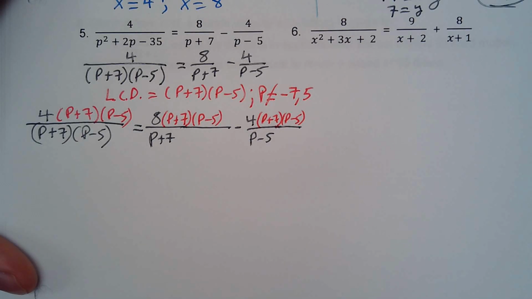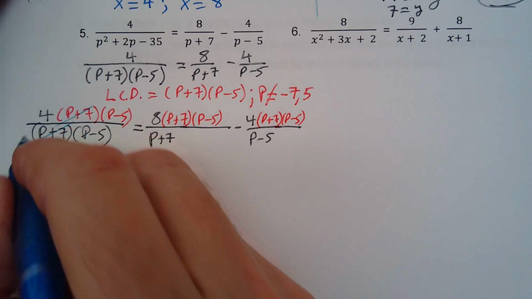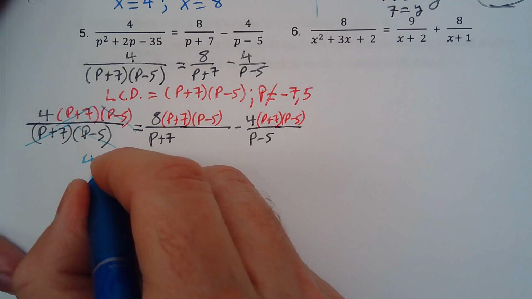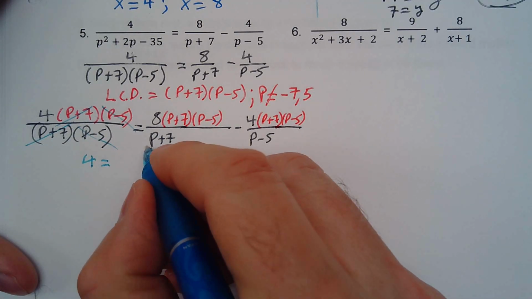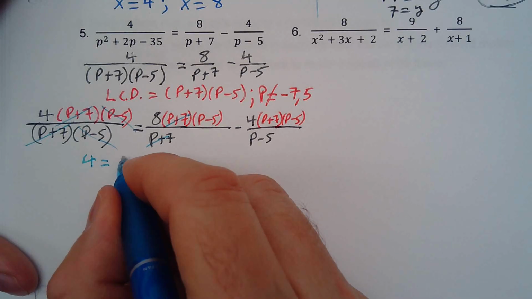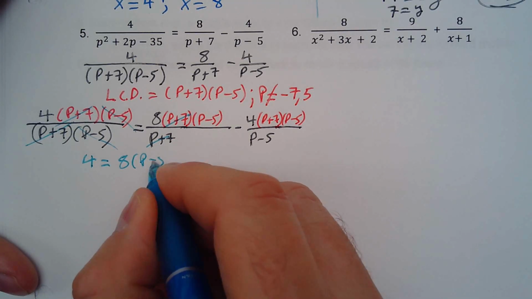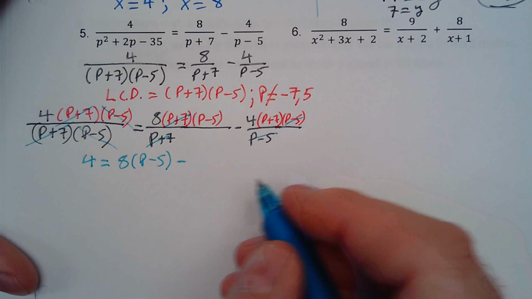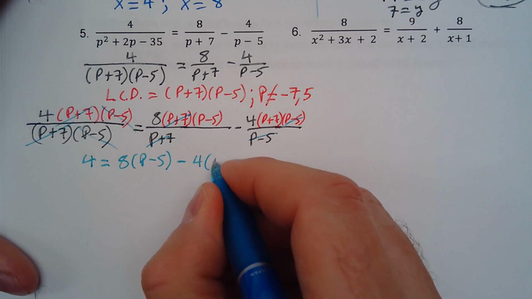So on the first one, the p plus 7's divide out and the p minus 5's divide out, I just get 4. On the second one, the p plus 7's divide out, we get 8 times p minus 5. On the last one, the p minus 5's divide out, we'll get negative 4 times p plus 7.